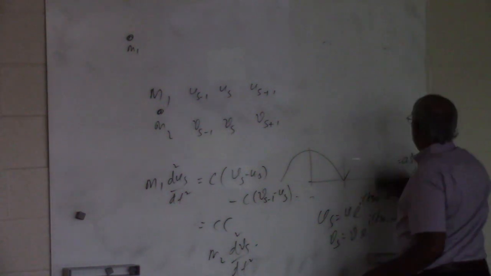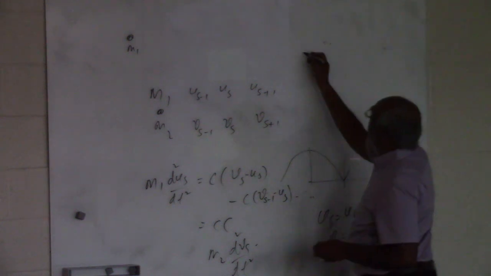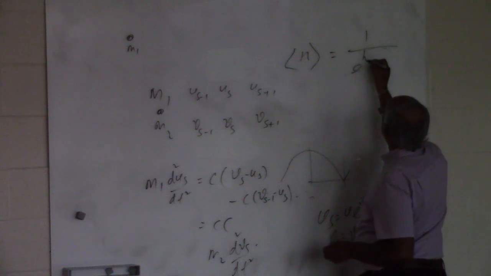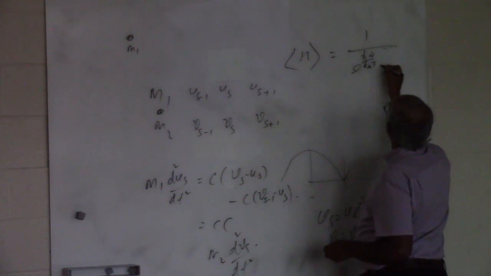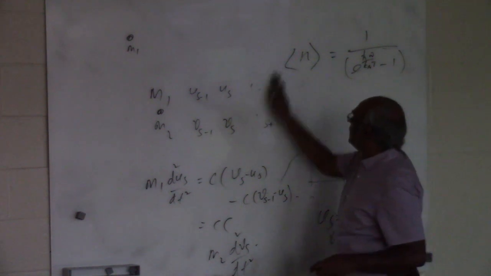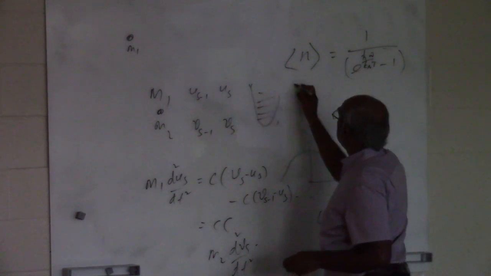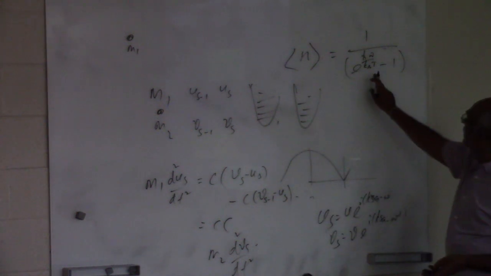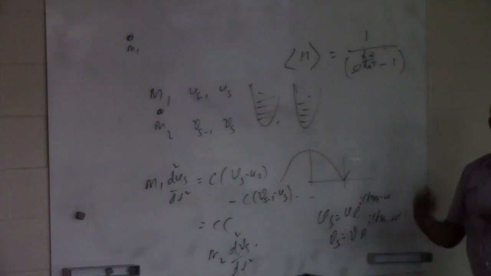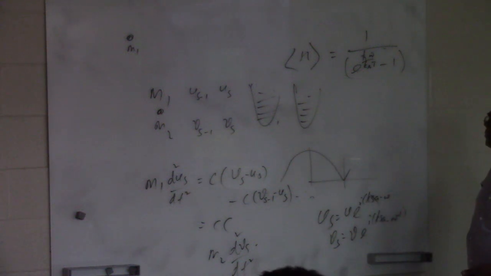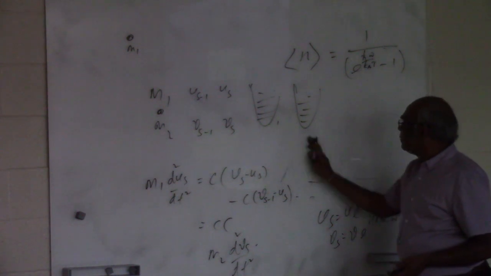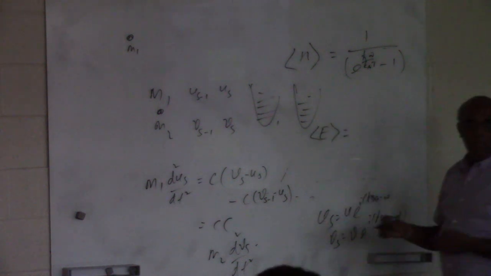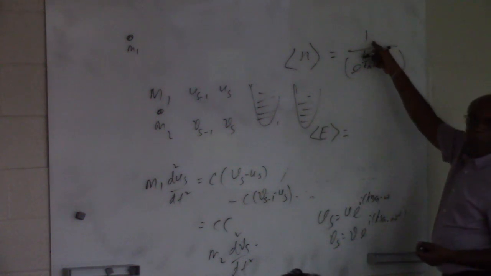The average number of phonons is given by 1 over e to the h cross omega over kBT, minus 1. That is the average number of those simple harmonic oscillators for a given temperature.